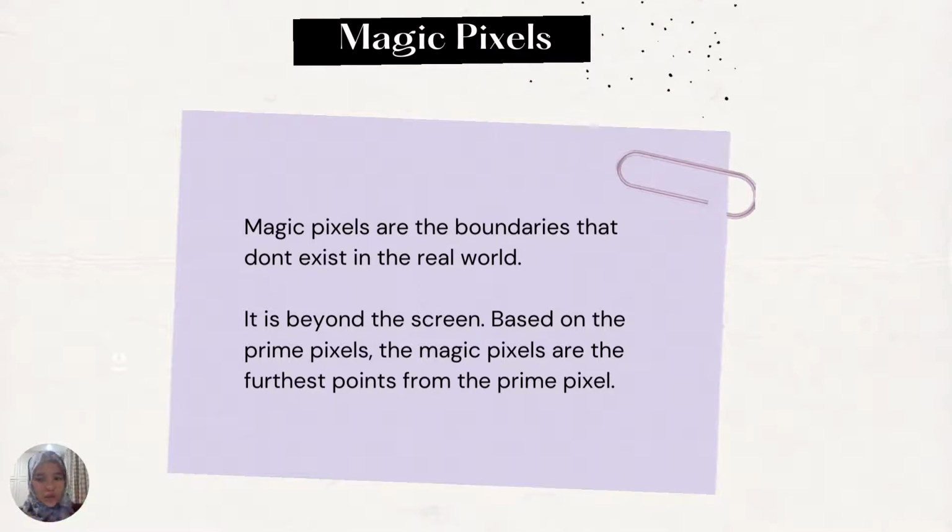It is beyond the screen. And based on the prime pixel, the magic pixels are the furthest points from the prime pixel, at least most of them are at any given moment in time. Thus, they are the least important state on the screen, according to Fitts's law.